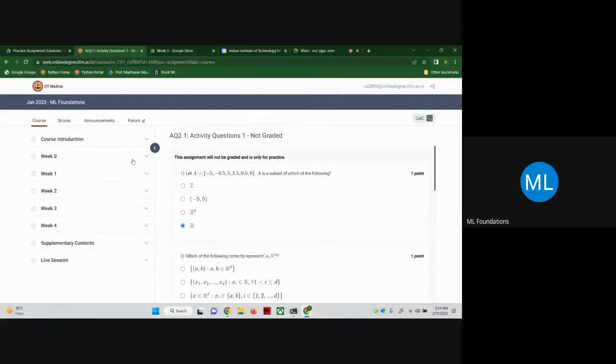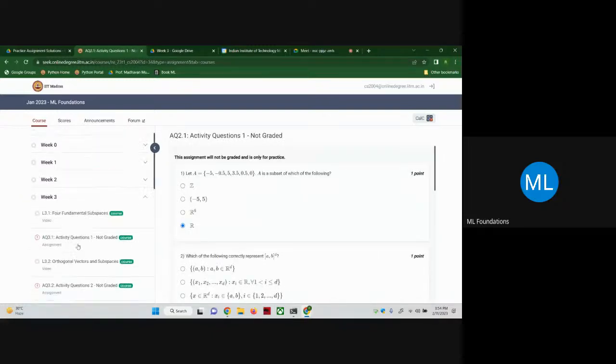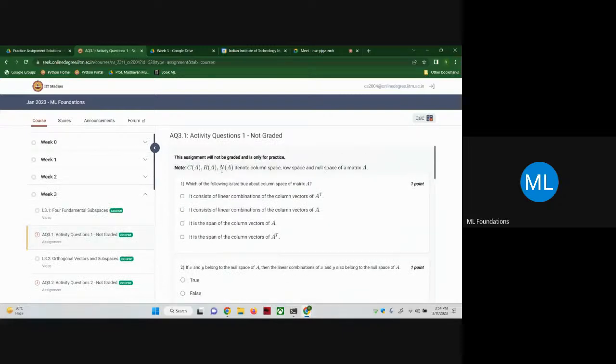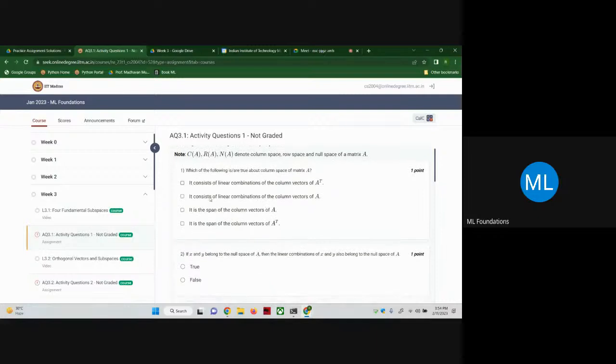Column space of A, row space of A, null space of A denote the column space, row space, and null space. Which of the following are true about column space of matrix A? Consists of linear combinations of columns of A transpose?